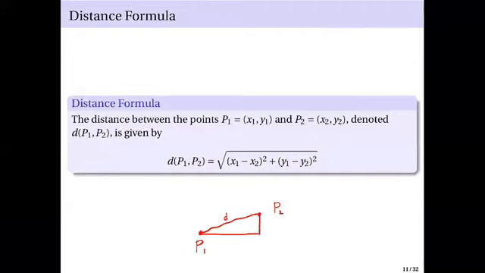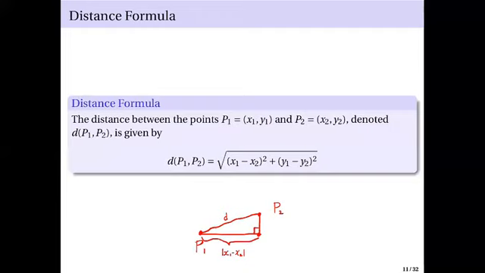So this point here, we know is some point on the Cartesian plane. Assuming that this is your right triangle, if you calculate this distance here, this is equal to the absolute value of x1 minus x2.